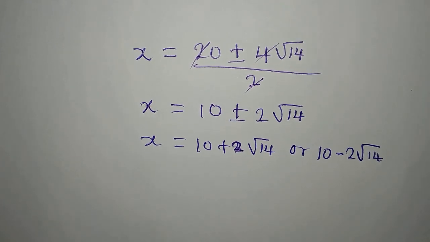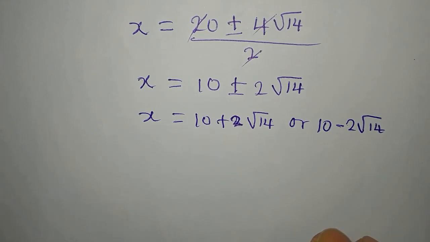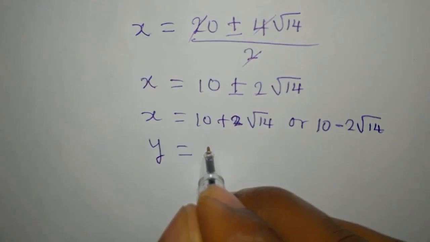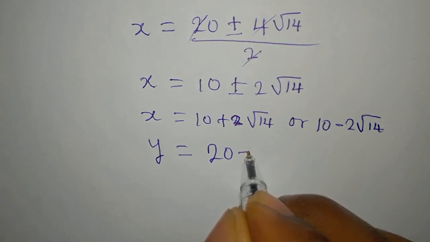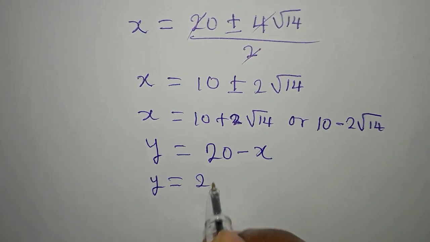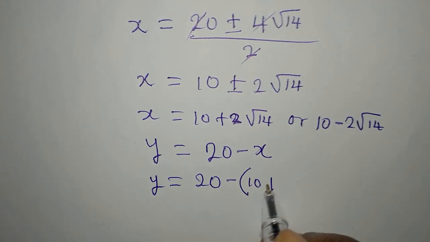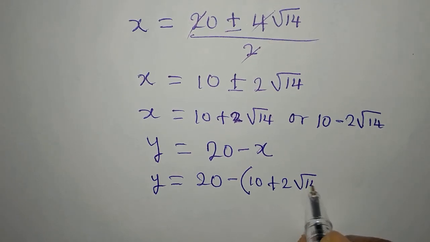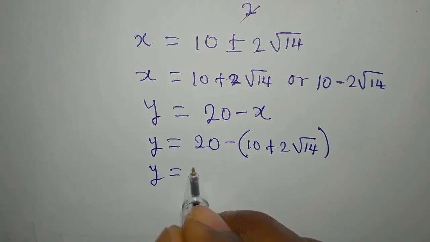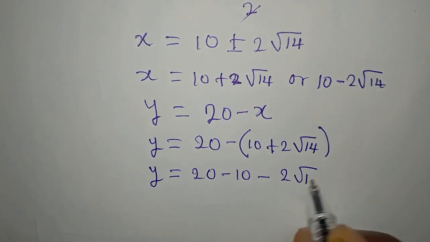But now we need to get the corresponding value of y. So we go straight to our equation 3, and it is y equals 20 minus x. Now y will be 20 minus open bracket, the first value of x is 10 plus 2 root 14. Now let's open the bracket so that y is equal to 20 minus 10 minus 2 root 14.